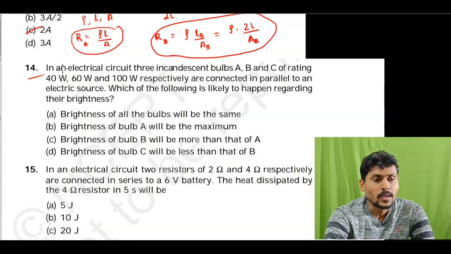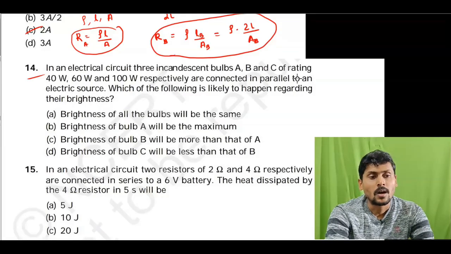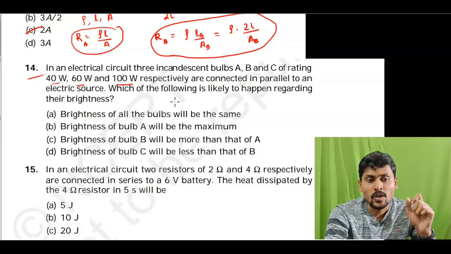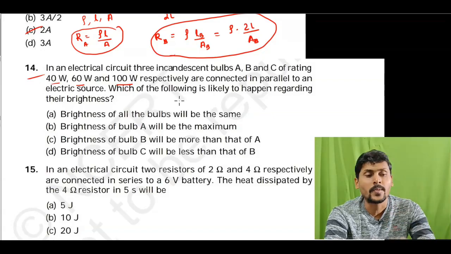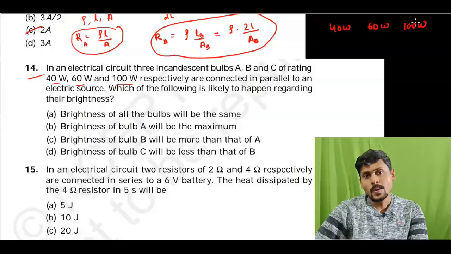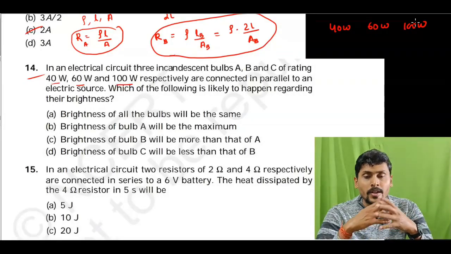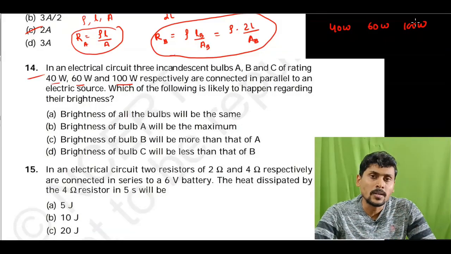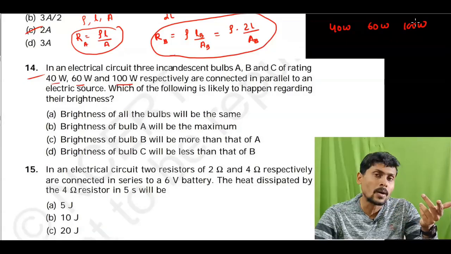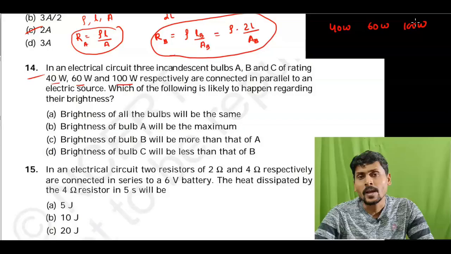Okay, next question. In an electrical circuit, 3 incandescent bulbs A, B and C of rating 40 watt, 60 watt and 100 watt respectively are connected in parallel to an electric source. Which of the following is likely to happen regarding their brightness? So remember one point, that if electric bulbs of different wattage are joined in parallel, then the bulb having higher power will have higher brightness.